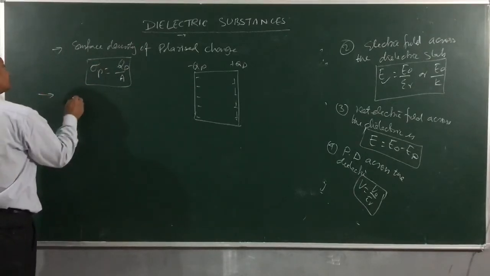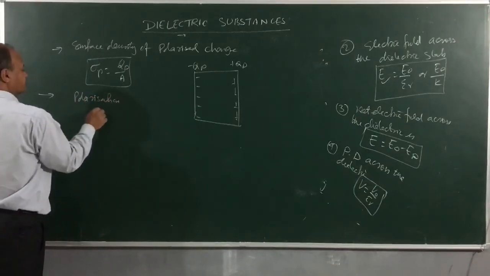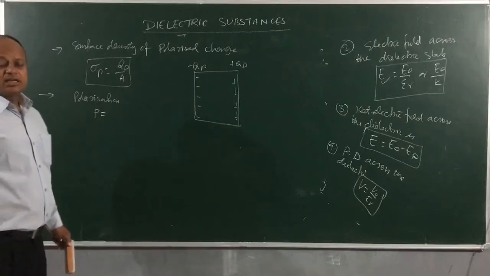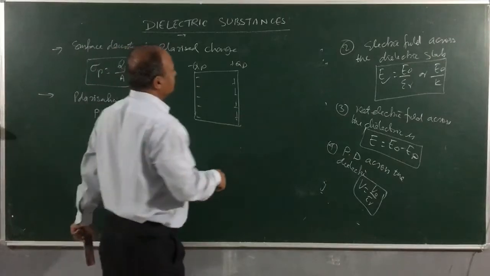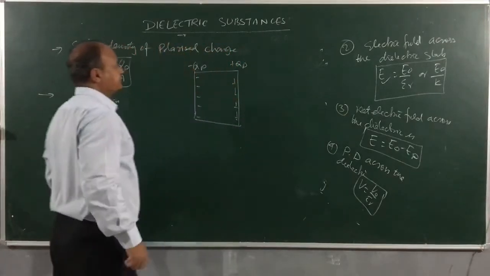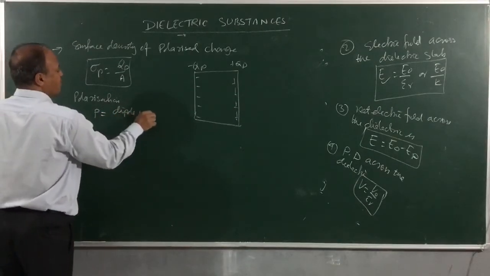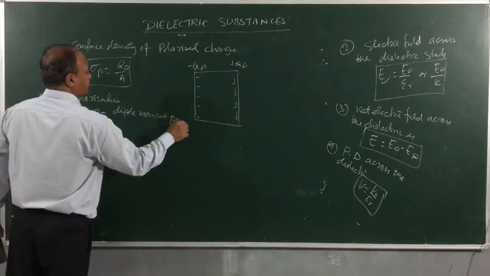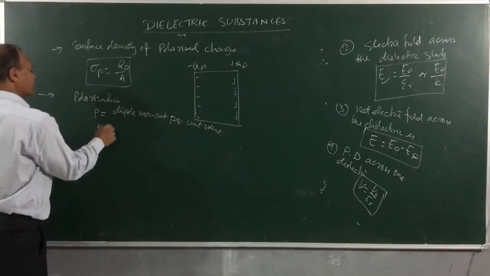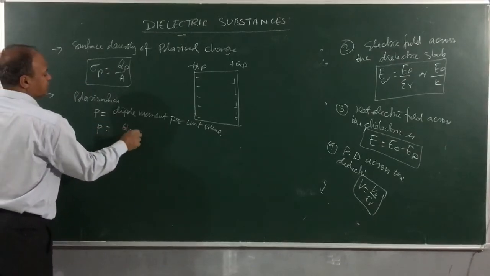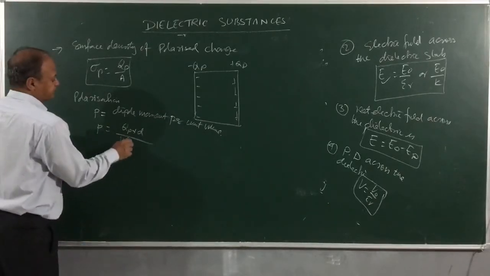Now, polarization P is defined as dipole moment induced per unit volume. Here we said the dipole moment per unit volume. And so this dipole moment will be QP into d, divided by volume.